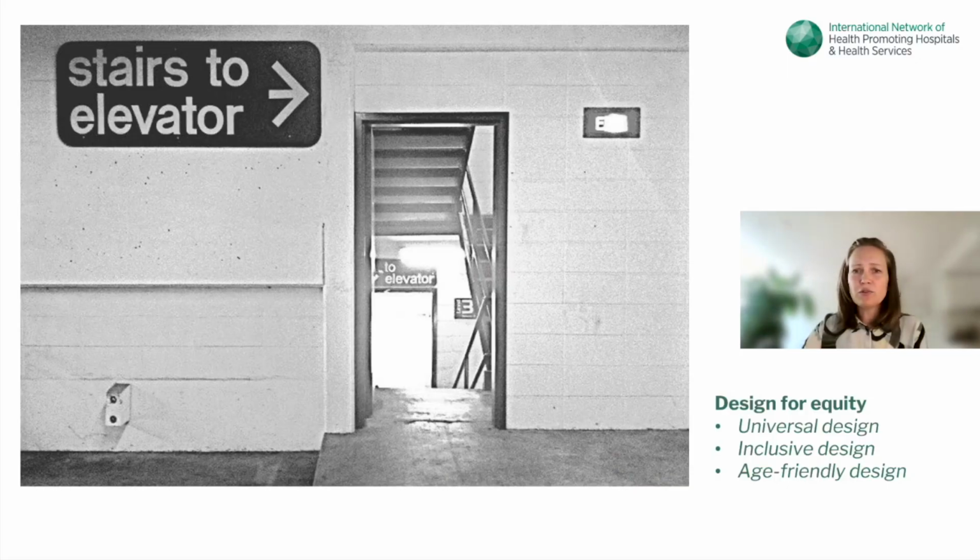I just want to also say a little bit about the terms universal and inclusive design. The terms and the interpretations differ regionally. For instance, some may talk about universal design and others talk about inclusive design, and they're talking about the same thing, but sometimes there are also very strong differences. So universal design aims to design for as many people as possible.